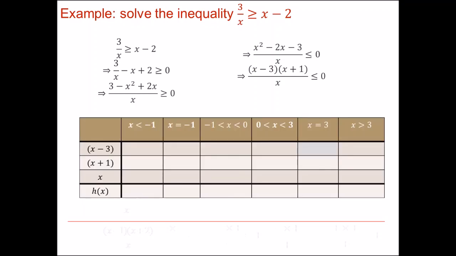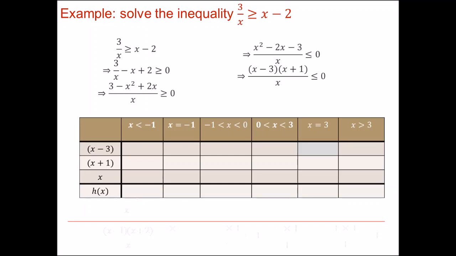There are the critical values: the areas below -1, at -1 itself, because that will give us 0, between -1 and 0, 0 up to 3, again x equal to 3 where it will be 0, and x greater than 3. And then the individual factors to give us the value of h of x, whether it's positive, negative or 0.